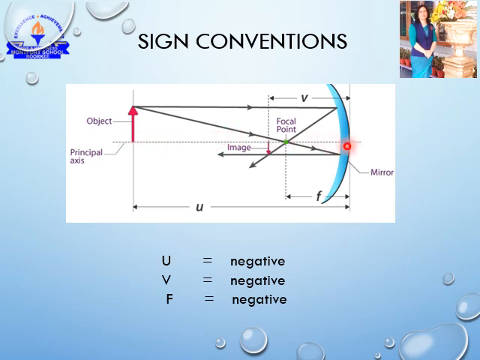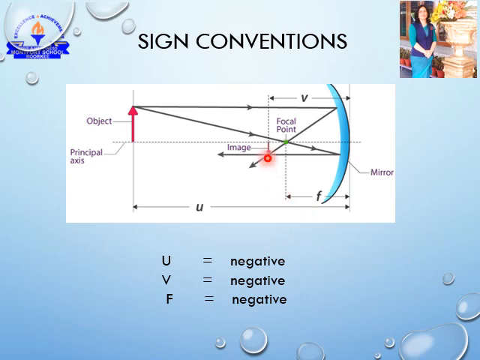That is the first sign convention. And secondly, the distances which are measured to the left of the convex mirror or concave mirror should be taken as negative. Hence the value of u, the distance measured from the pole to the object, should be taken as negative. So u will be taken as negative.